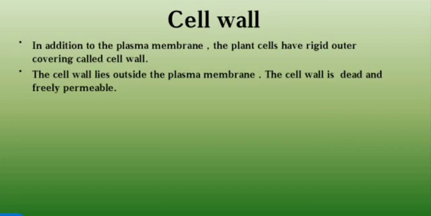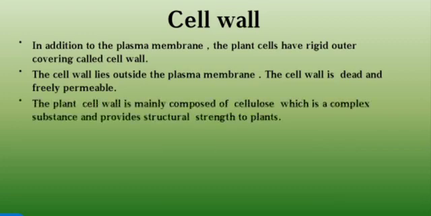Then the plant cell wall is mainly composed of cellulose, which is a complex chemical substance present in the cell wall, and it provides structural strength to the plants.